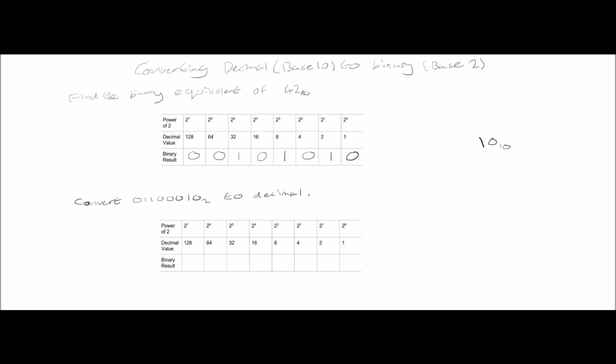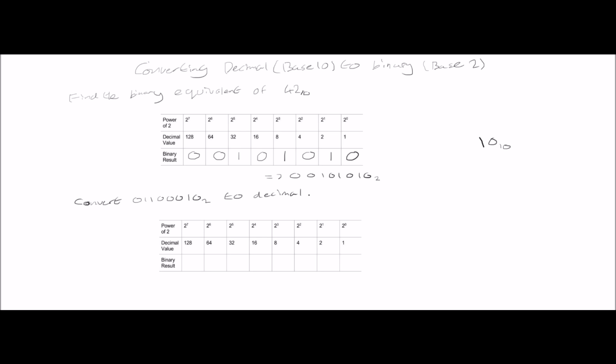So we've got our 8-bit representation of 42. The answer here is 0, 0, 1, 0, 1, 0, 1, 0, and we'll put a little subscript 2 there to show that it is a binary number.